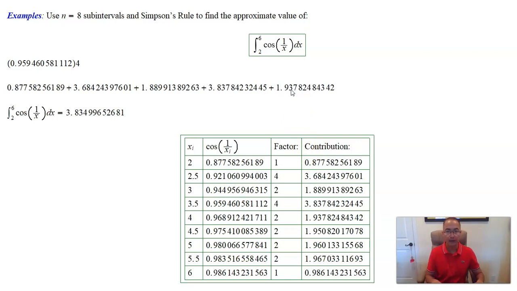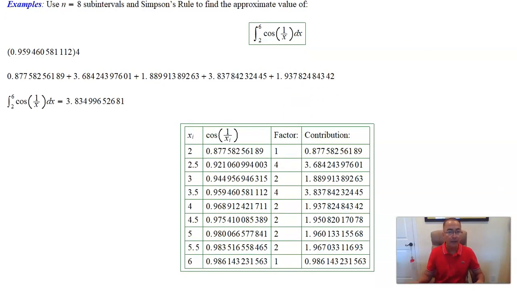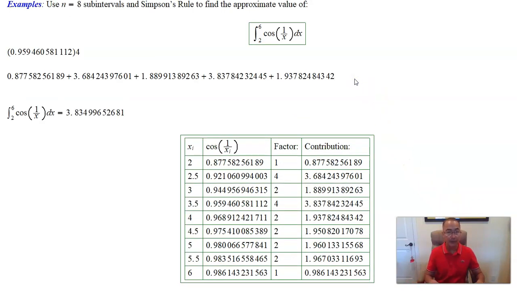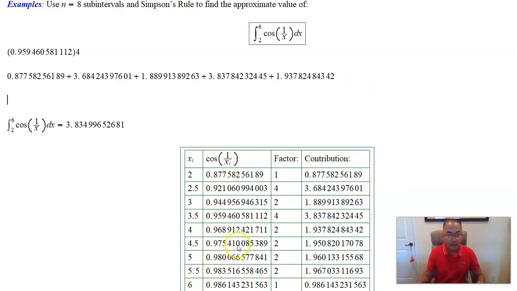And let's start another line. All right, so let's scoot down a little bit. And we have the next line where we got the 937. So this has to become a 4, and this needs to get multiplied by 4.